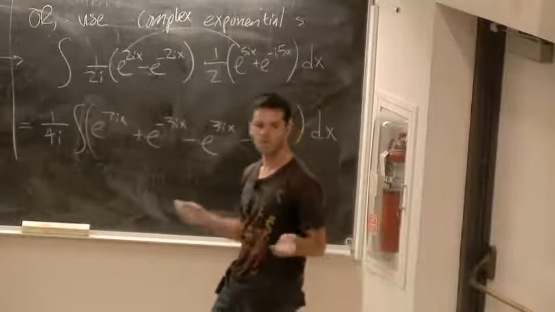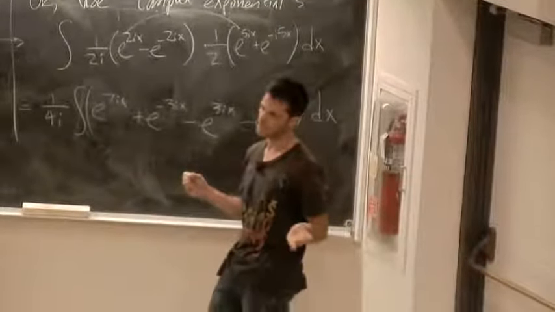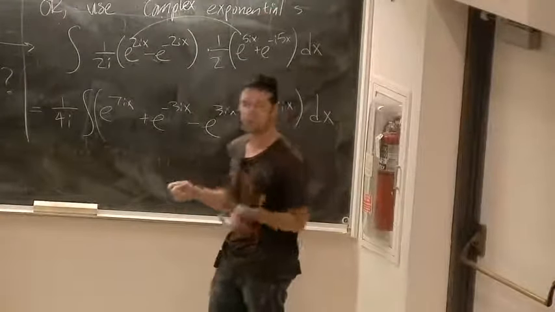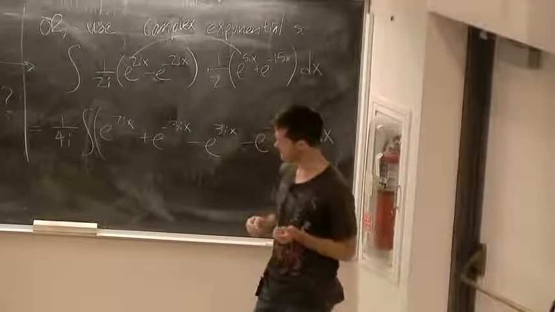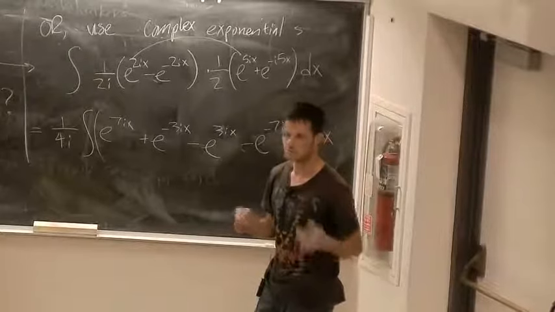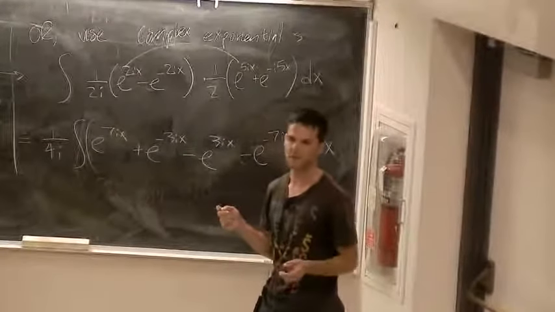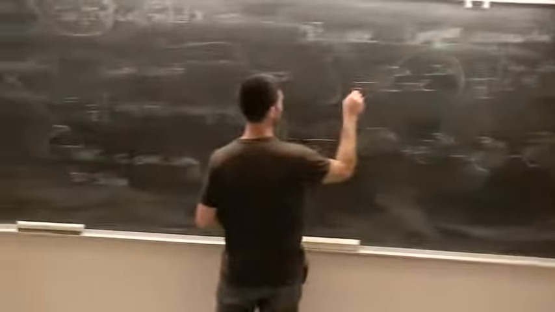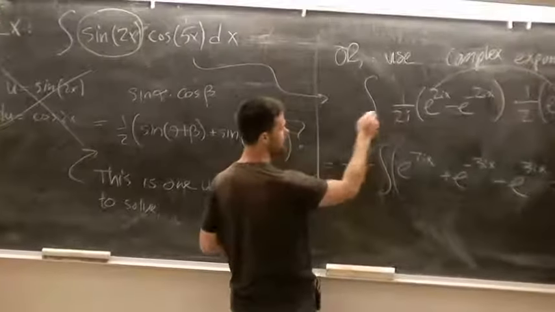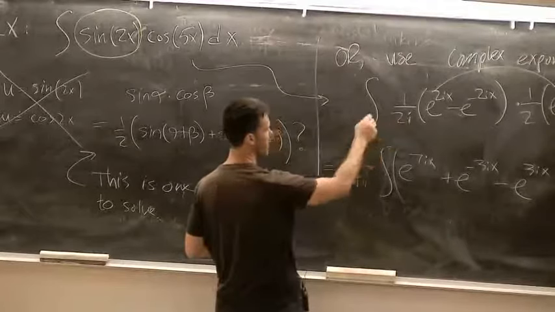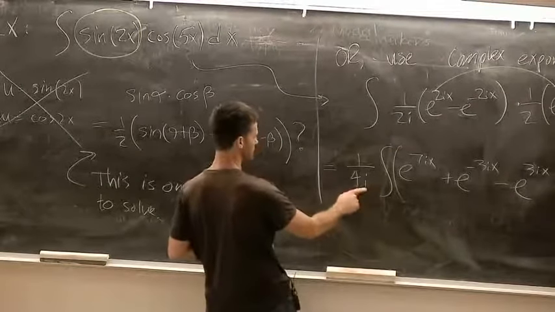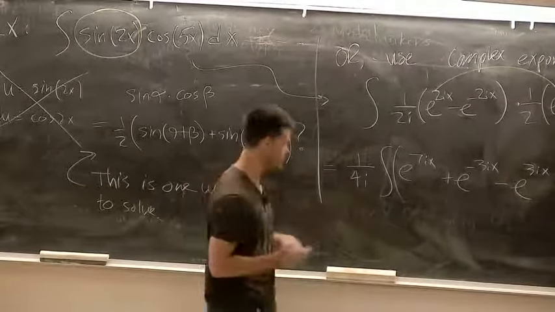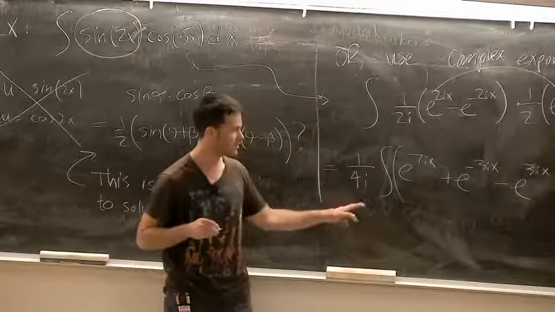We want all the same rules to hold. So all the rules you know for derivatives for real numbers are still true for complex numbers. Just like we could pull the 2 out in front, we can pull the i out in front as well. And it appears just the same as if it were a real number.